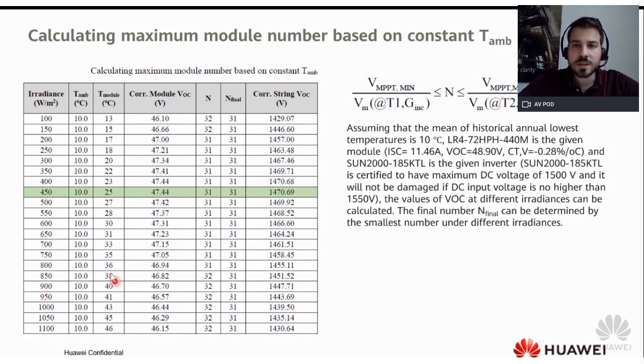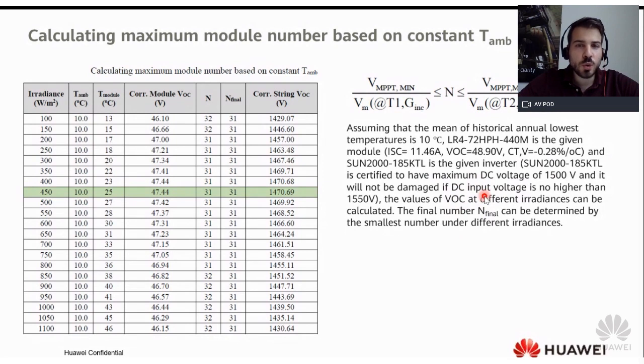If we calculate with this, we are using again a 440 watt mono panel with a short circuit current of 11.46 and a VOC of 48.9, and the coefficient number is minus 0.28% per degree Celsius, and we use the Sun 2185 KTL, which is certified for a maximum DC voltage of 1500.